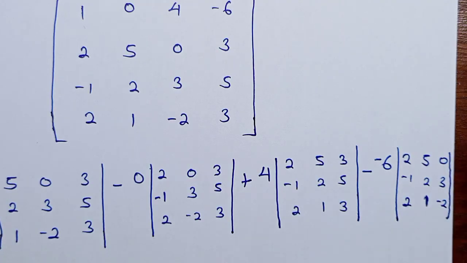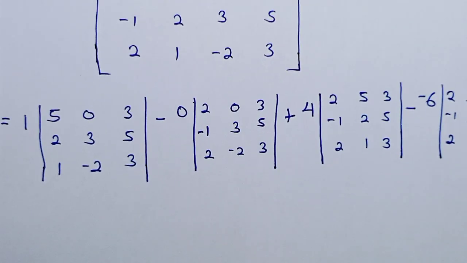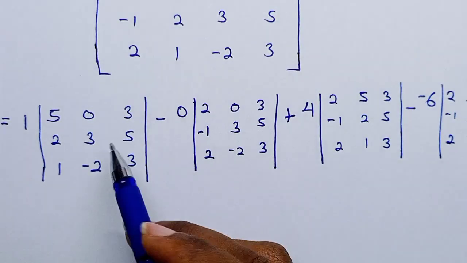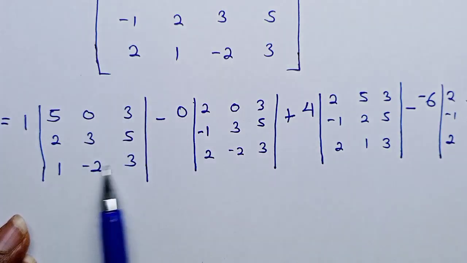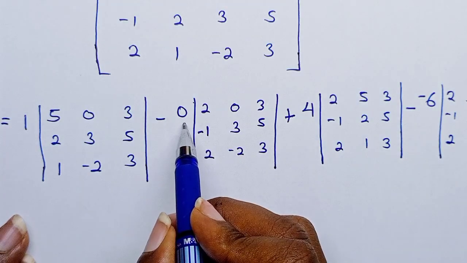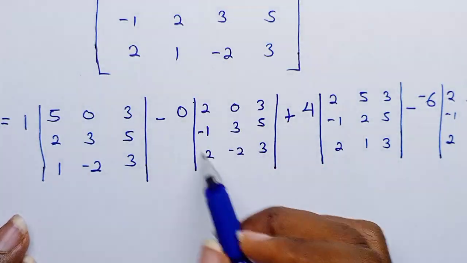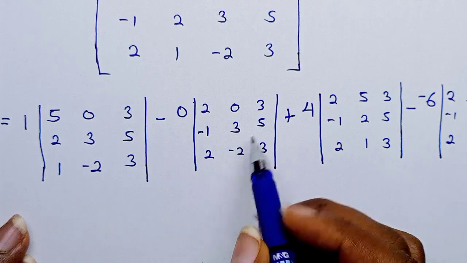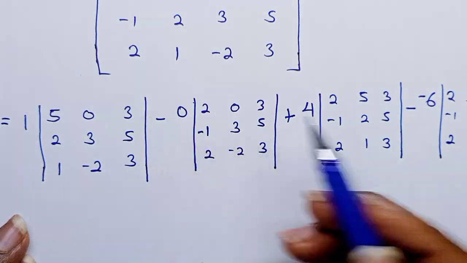Okay, that's the approach or the formula we are going to use. The next task is to find these determinants. Even if we don't find the one multiplied by 0, we would still get 0, so we don't need to find it.